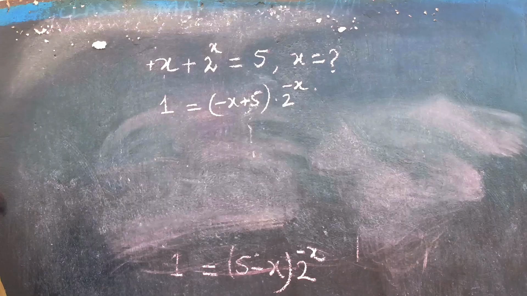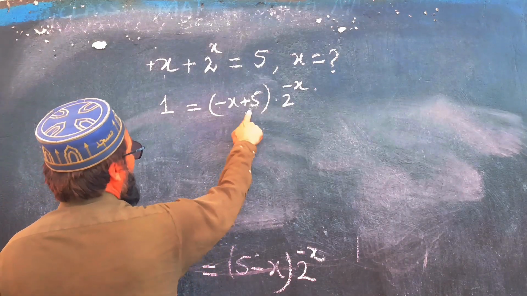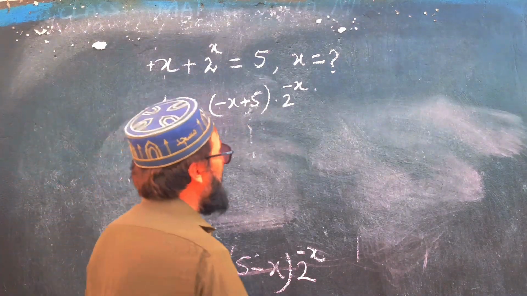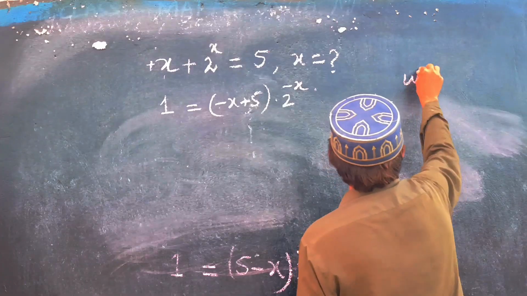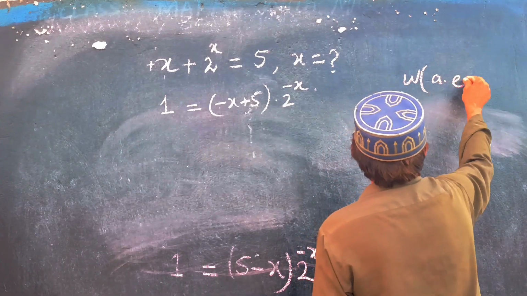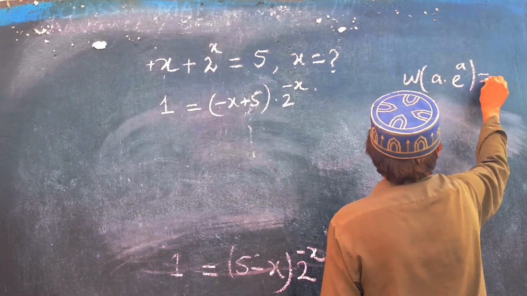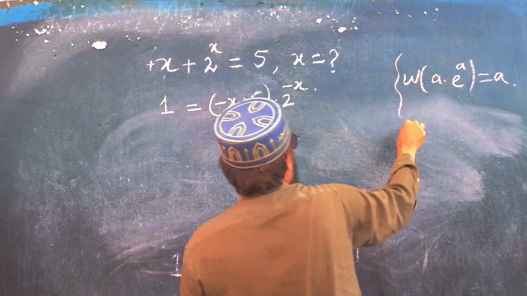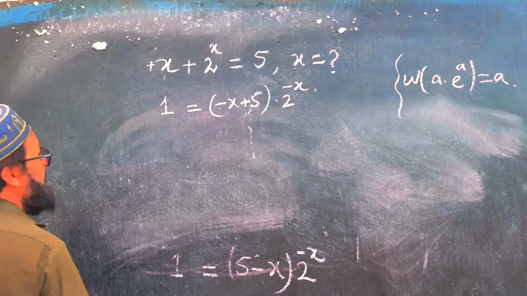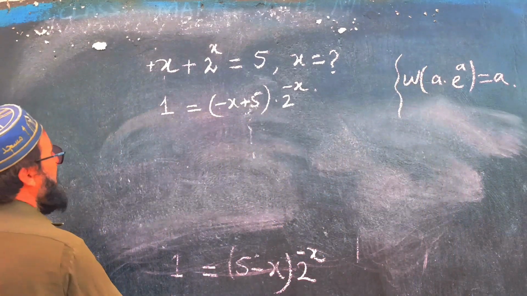Now, according to the Lambert function, we try to make a into e exponent of a is equal to a.